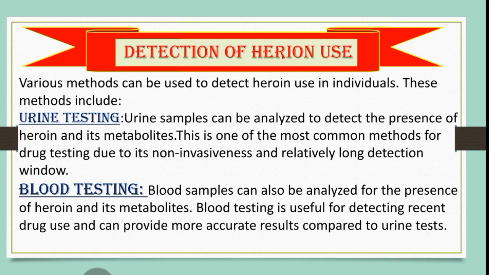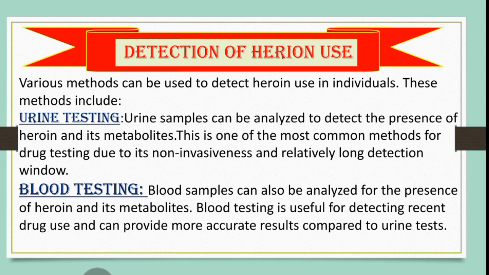How can we detect heroin use? We can do different tests in laboratories to detect heroin. Basically, there are different tests, including urine test and blood test. Urine samples can be analyzed to detect the presence of heroin and its metabolites.